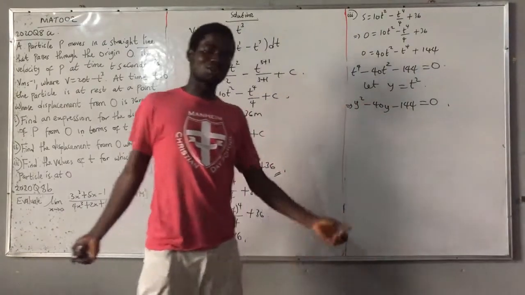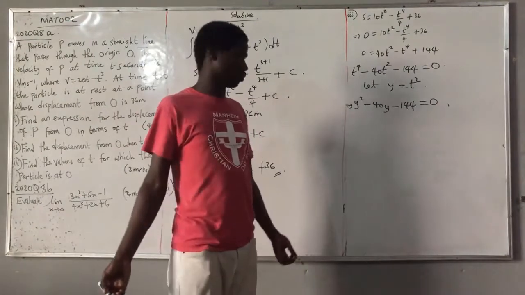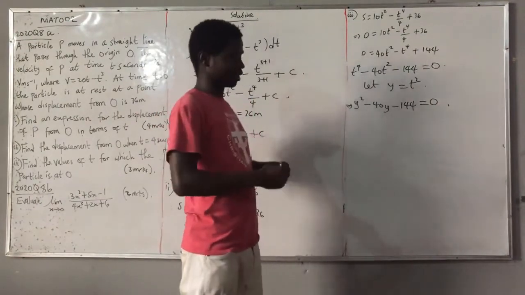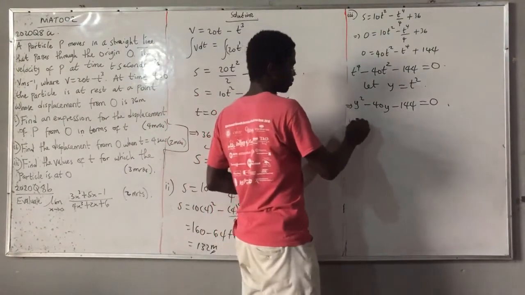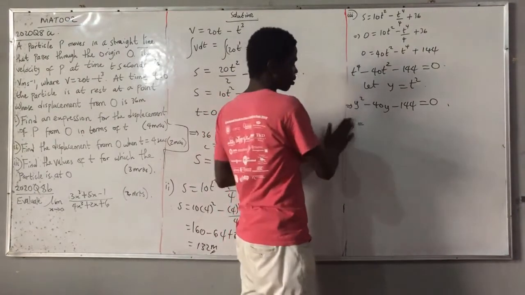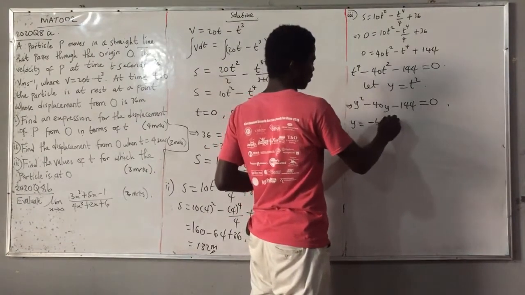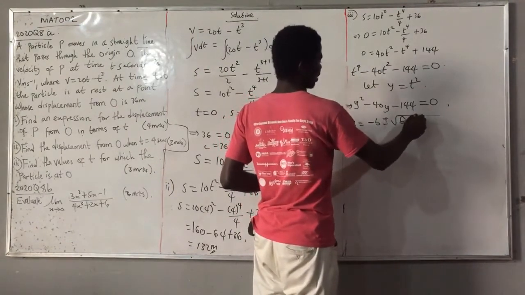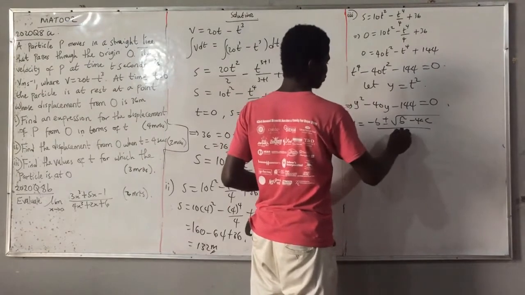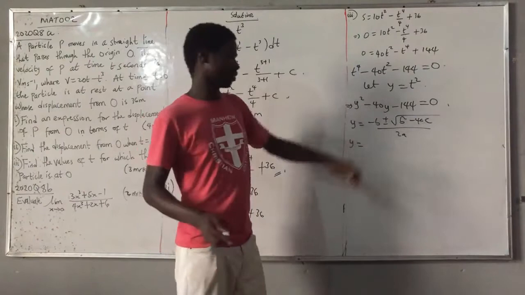This is a quadratic equation, you can solve it anyhow you like, any method you know. Do you understand my point? You can use formula method if factorization is not forthcoming. So let's use formula method. The answer will be minus b plus or minus square root of b squared minus 4ac all over 2a. So y will be equal to, a is 1, b is minus 40, c is minus 144.